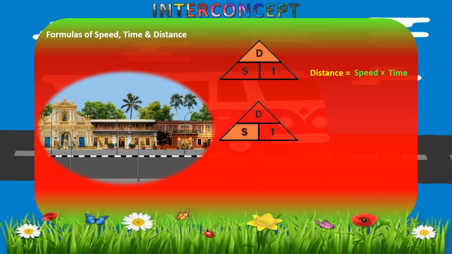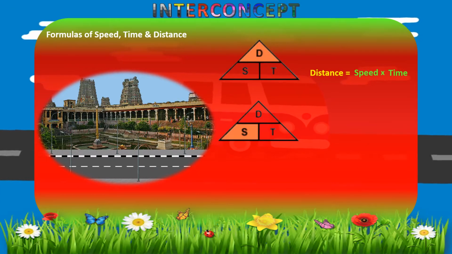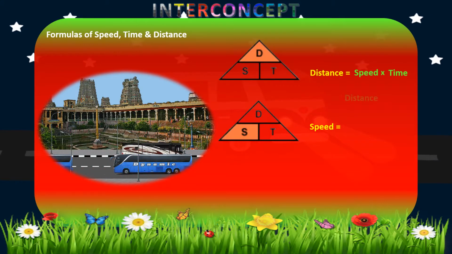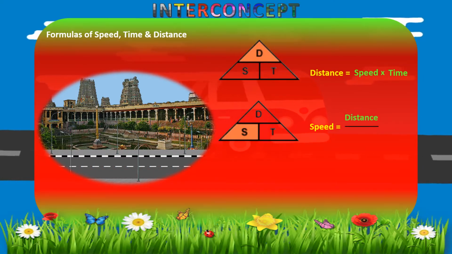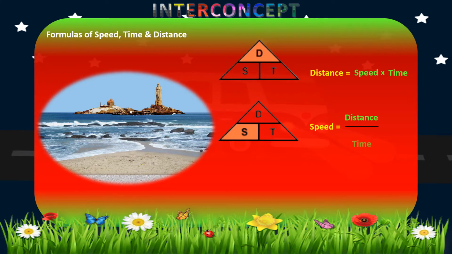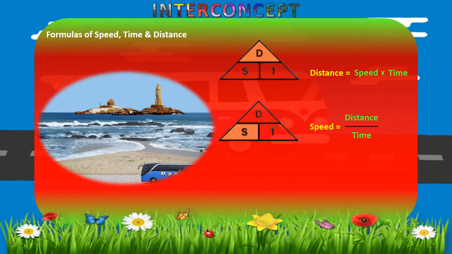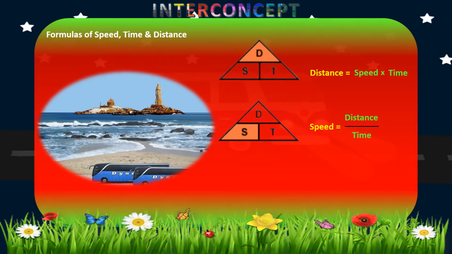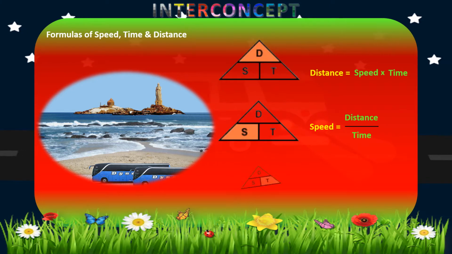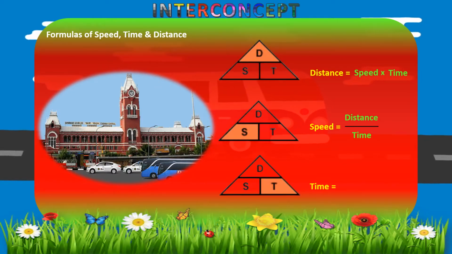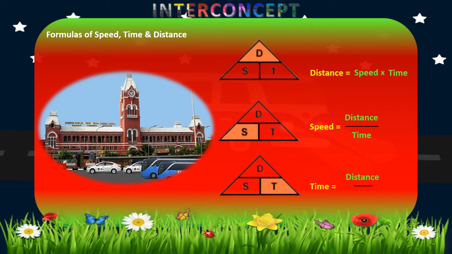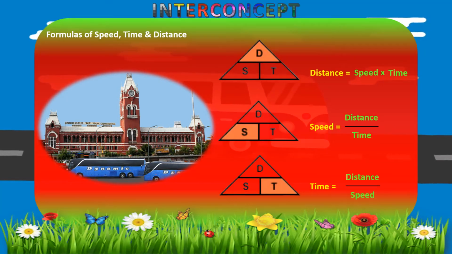Then the formula of speed is equal to distance divided by time. And the last one, time. The formula of time is equal to distance divided by speed.